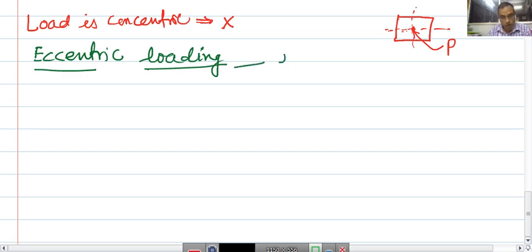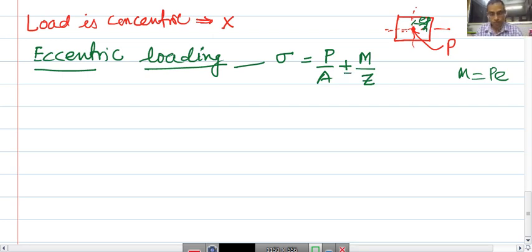One, you can find the stress corresponding to the eccentric loading, which is load by area, P by A, the actual load, plus the moment caused by the load, M equals P into e because of eccentricity. So, M by Z, the section modulus in the direction of the buckling. One side is plus, the other side is minus.